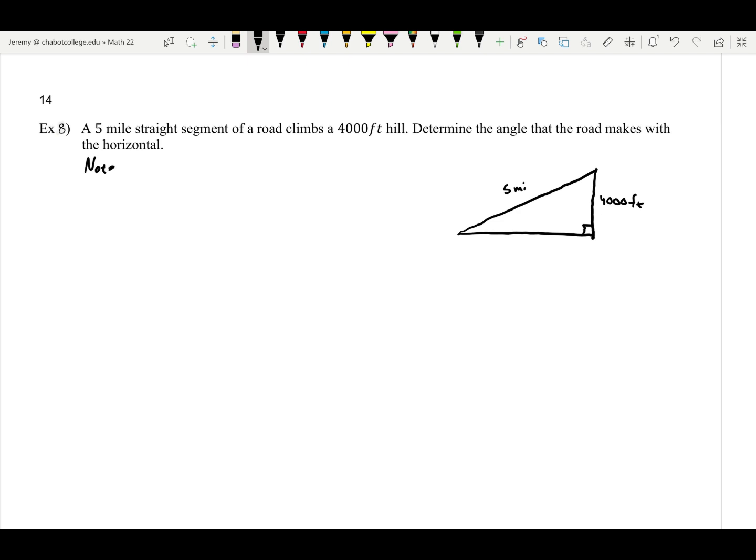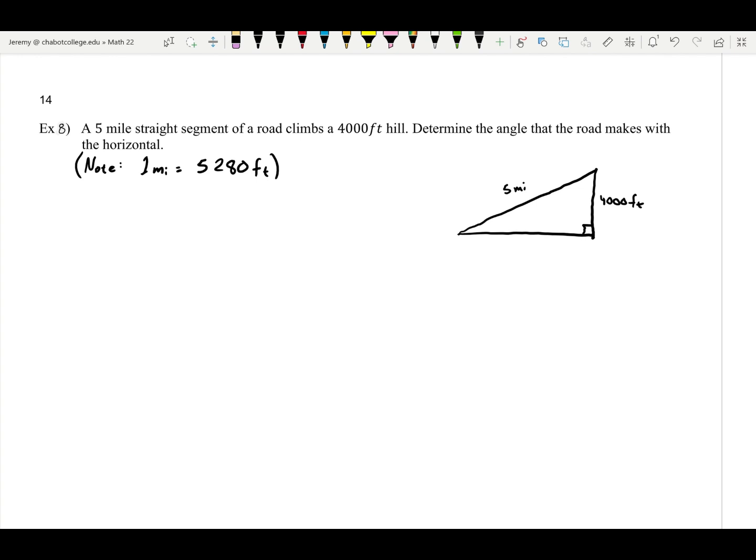So note that 1 mile is equal to 5,280 feet. Okay, this is going to be relevant so that we can get everything either in terms of miles or in terms of feet. If something like this were to appear on a quiz or a test, I would give you this conversion, okay?